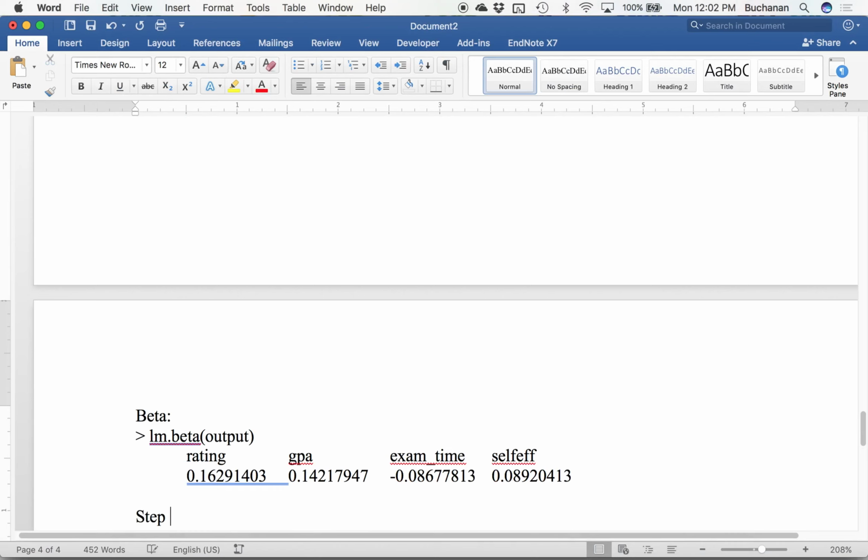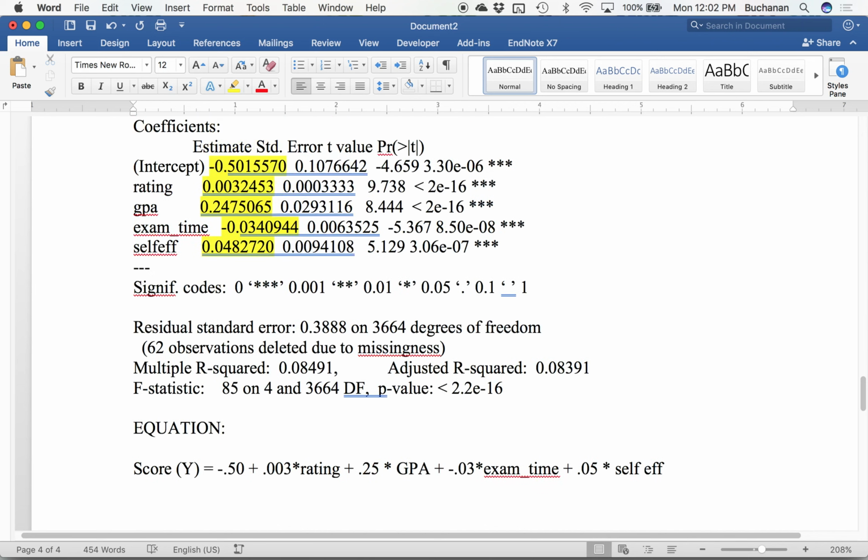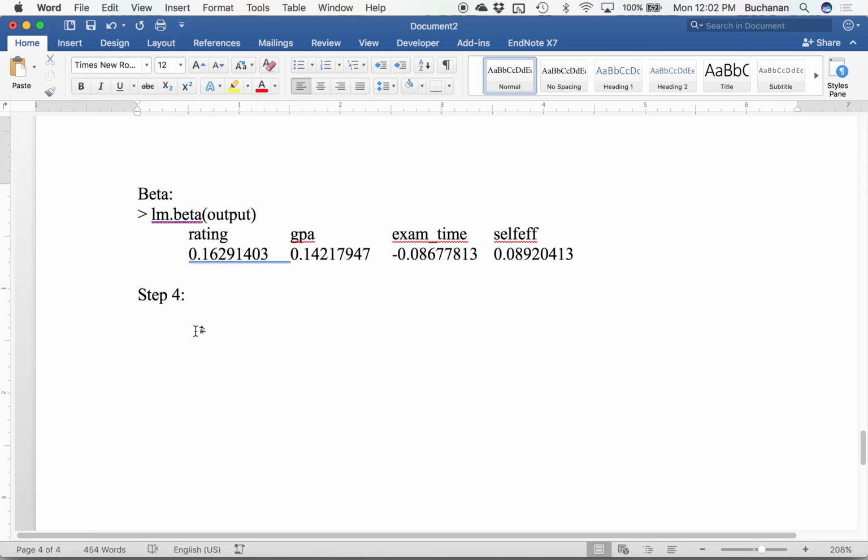Step 4, remember the degrees of freedom when you have multiple predictors is a little tricky. So we're going to make sure we use the degrees of freedom from our output here. So 3664. So we're going to do QT, 0.05 divided by 2, because we're always doing two-tailed tests right now, 3664, lower tail equals false.